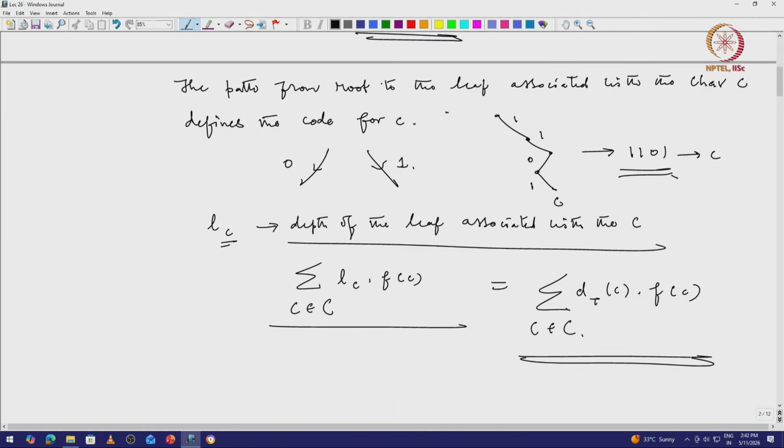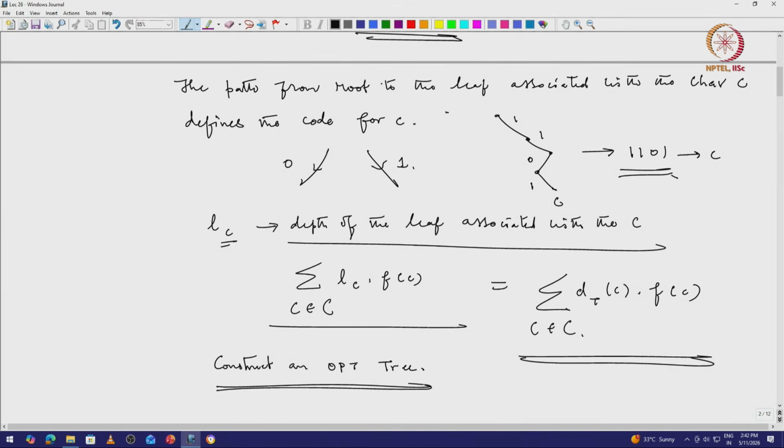So the formula for the cost of the code can be represented in terms of a tree parameter, namely the depths of the leaves. So, we are interested in constructing an optimal tree.